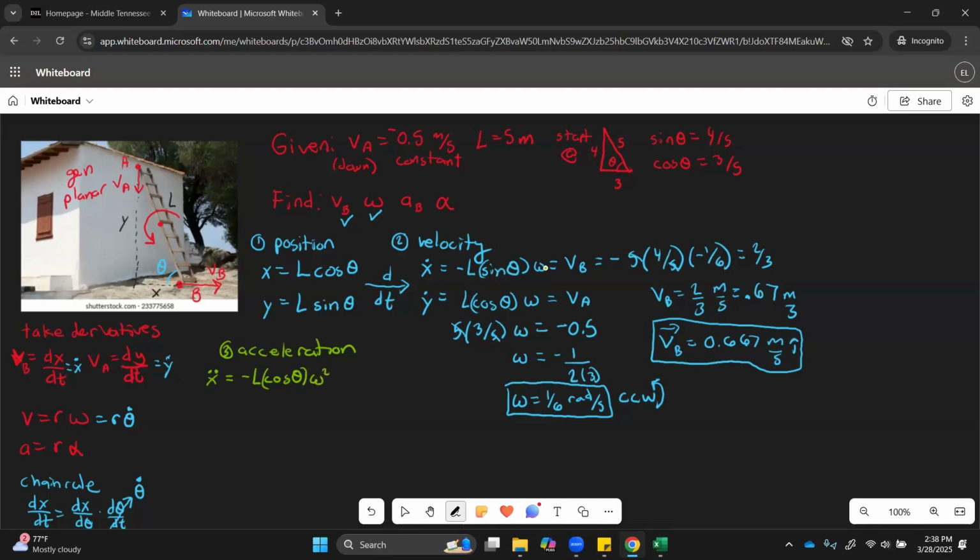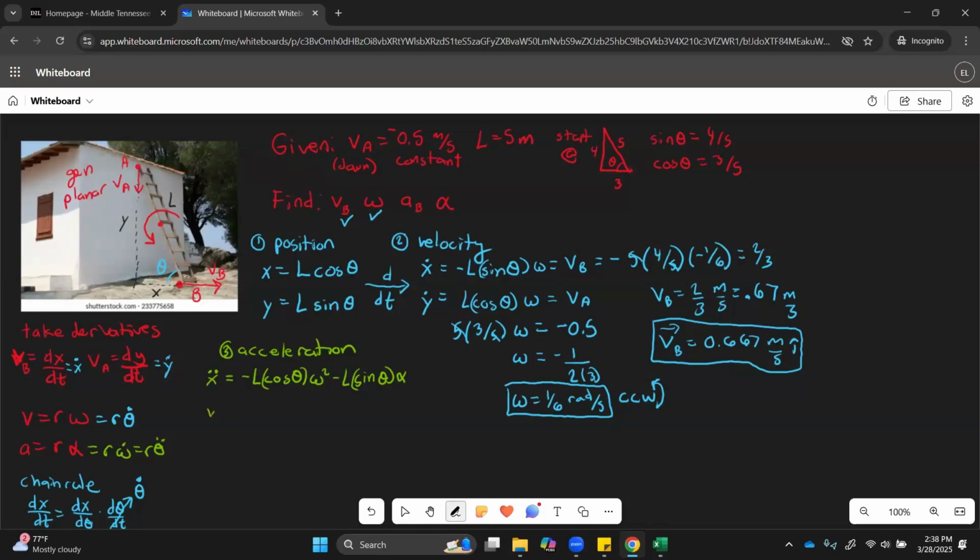And then if we take the derivative of the omega part, omega dot is alpha. And so we'll have negative L sine of theta times alpha, which is omega dot. So this is the equation for the x double dot.